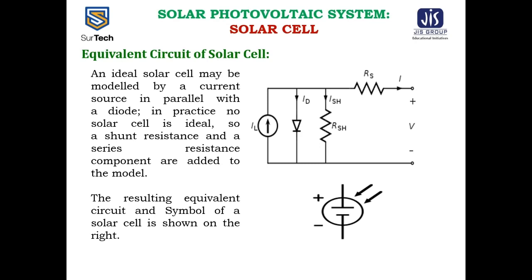In practice, no solar cell is ideal, so a shunt resistance and a series resistance component are added to the model. This is the shunt resistance, this is the shunt current, this is the diode current, this is the load current. So the total load current I, with I_D and I_SH.